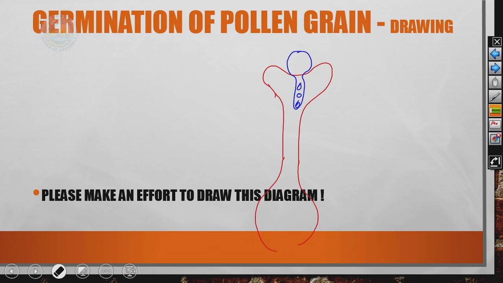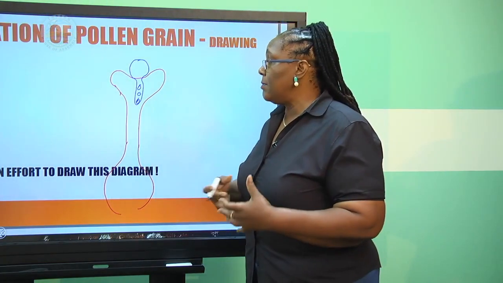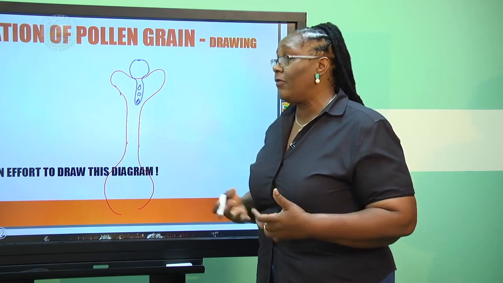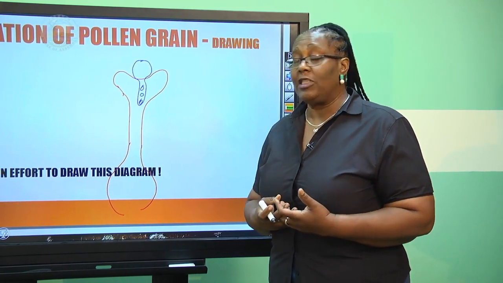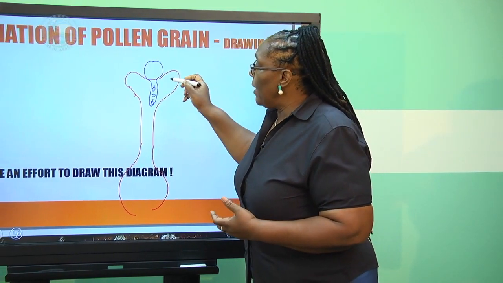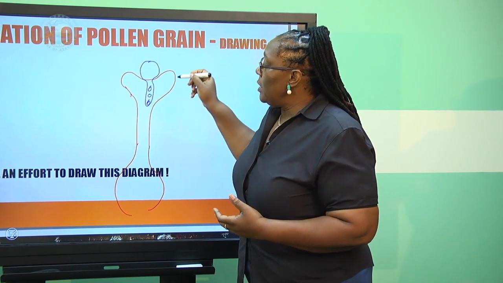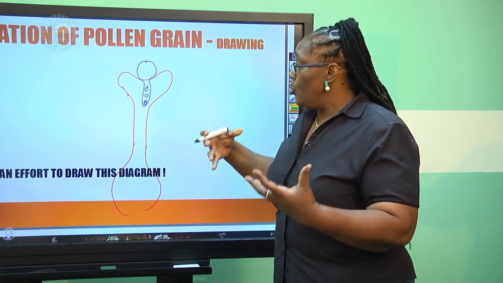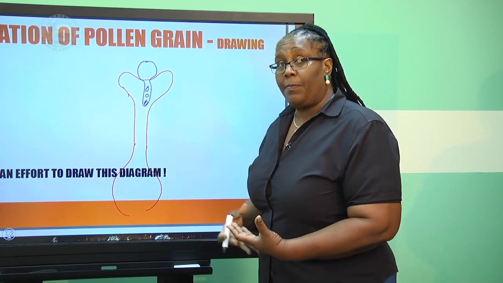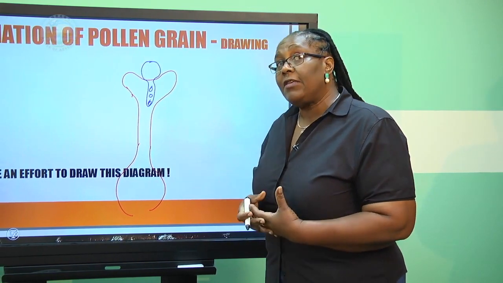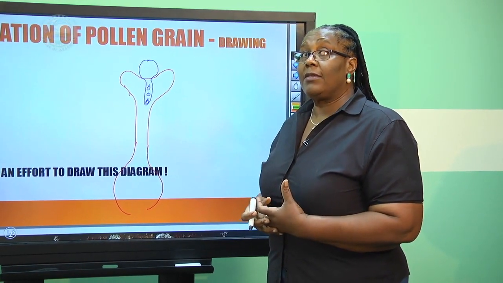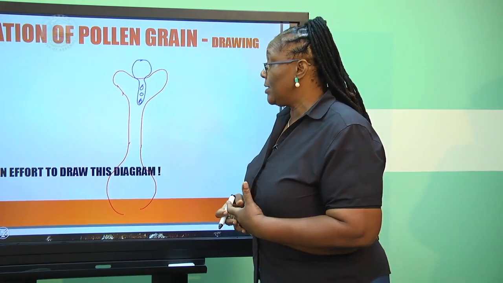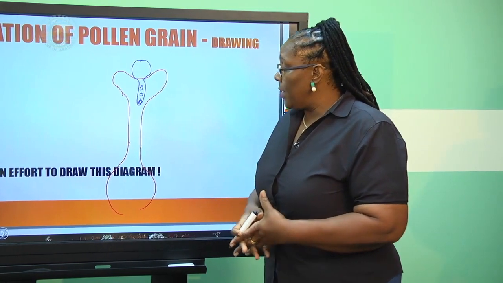So it has to be of the same species, and once it has met all the criteria in terms of encouraging cross-pollination and so on, the stigma will now allow this pollen grain to form its pollen tube. But what directs the formation of this pollen tube is the pollen tube nucleus. And that will cause the formation.